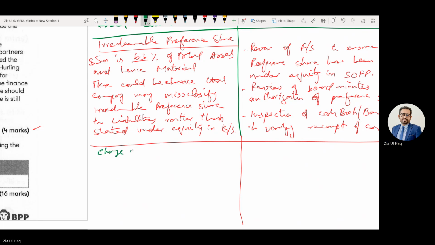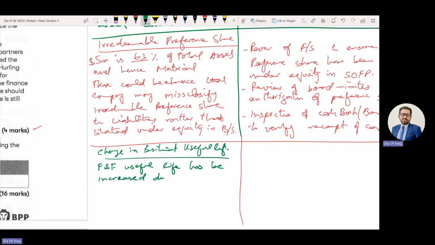This is an estimate, estimate of useful life. So fixtures and fittings useful life has been increased during the year.